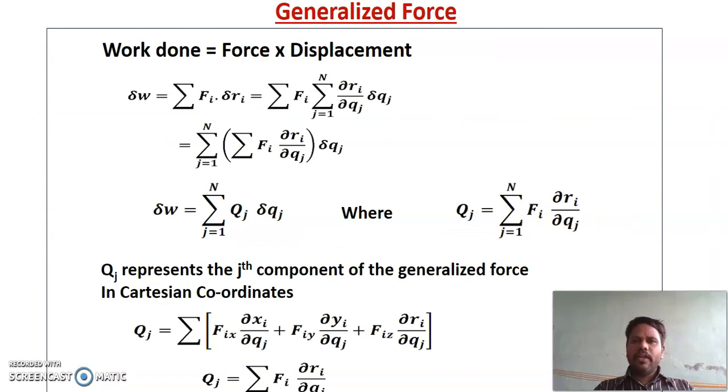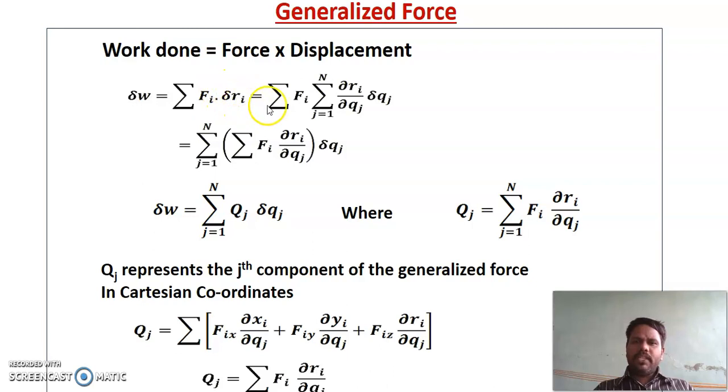Now we'll learn about generalized force. We know that work done is force into displacement. Delta W equals summation of Fi dot delta ri.